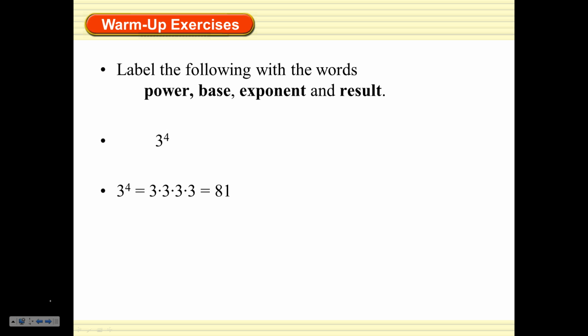Let's go ahead, and this is the next part of your notes. It says label the following with the words power, base, exponent, and result. So I want you to circle the entire thing of 3 to the 4th power. Circle that, and let's label that power. The entire thing is called a power.